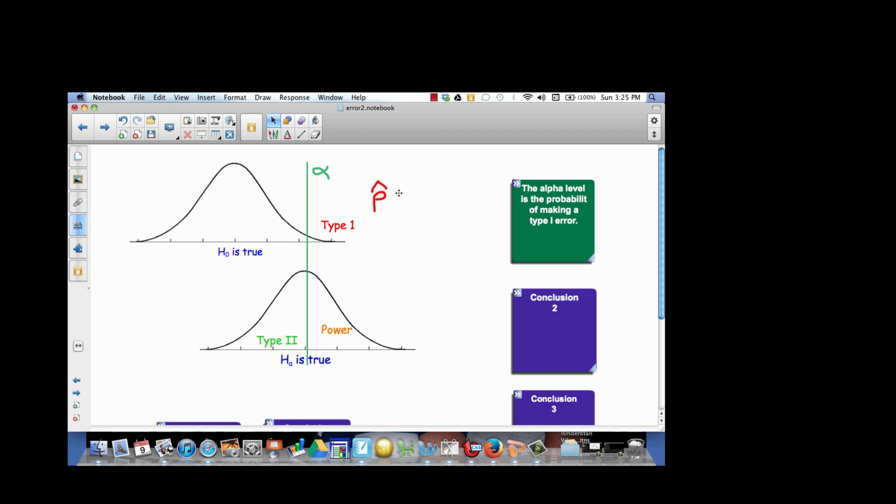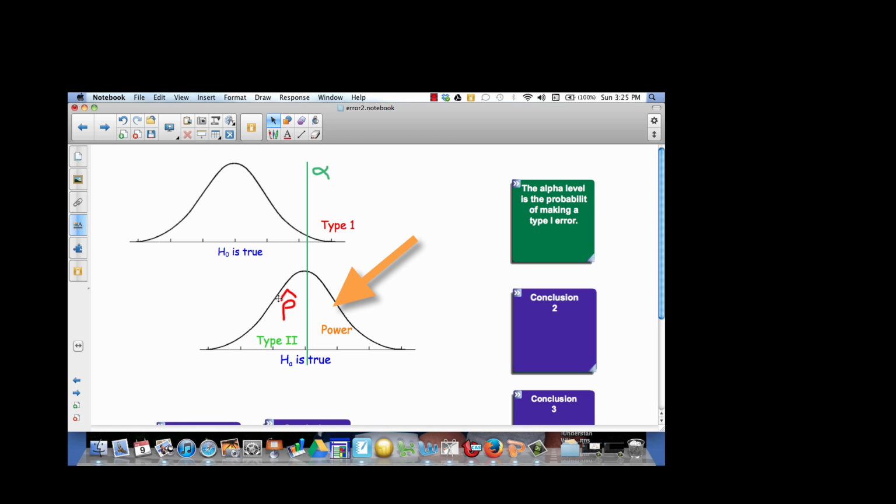Now the bottom graph, we look at the case that the null isn't true and some alternative is true. Now, if you get a p-hat to the right of your alpha line, you reject when you should. Everything to the right here is considered power.